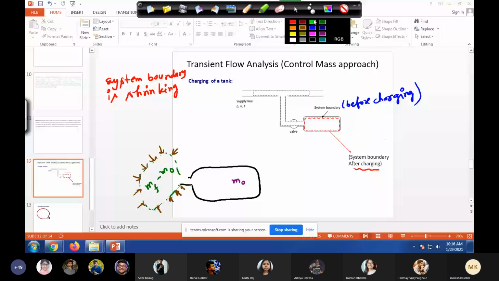With what pressure? The pressure which we are maintaining in the supply line, right? So the pressure which we are maintaining in the supply line, P supply. Okay. So what is pressure here from this side of the boundary? If you want to calculate work done, I have given you a hint.